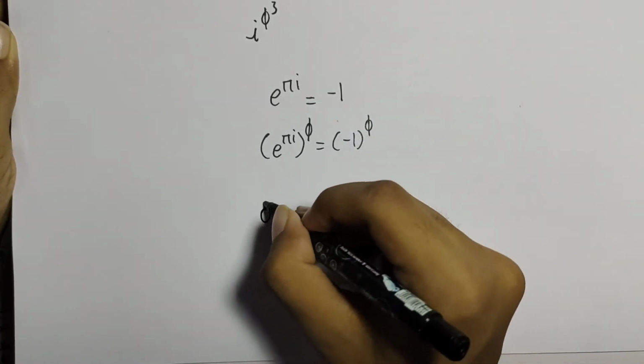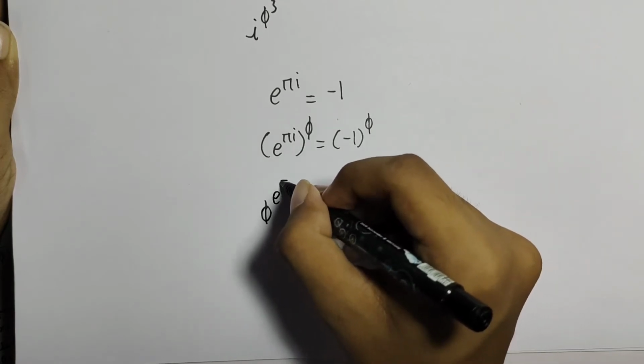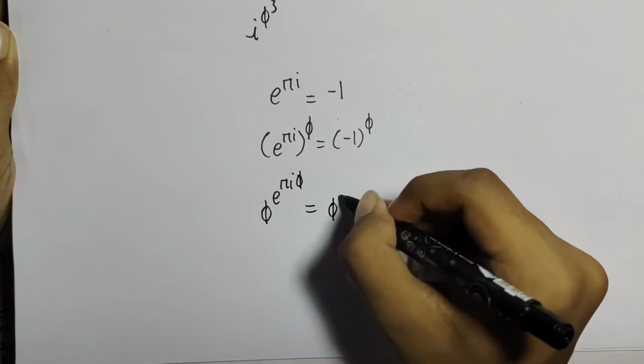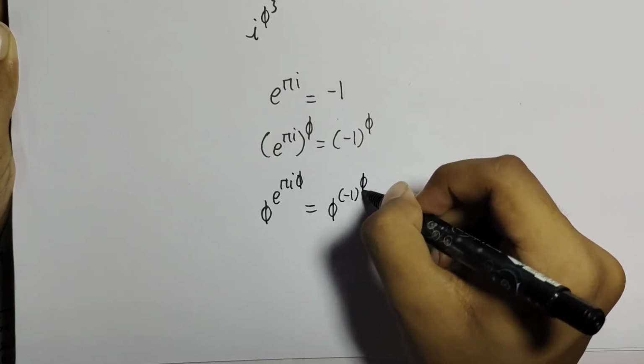Therefore e to the πiφ is equal to (minus 1) to the φ.